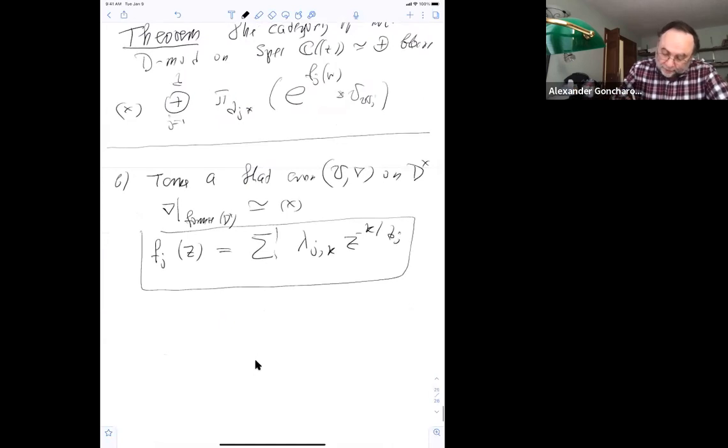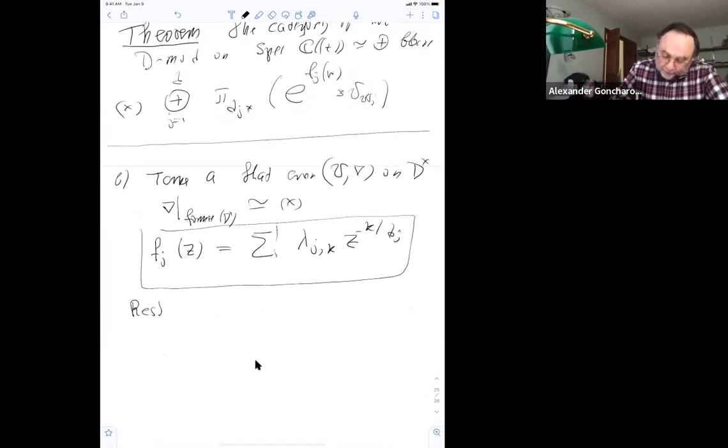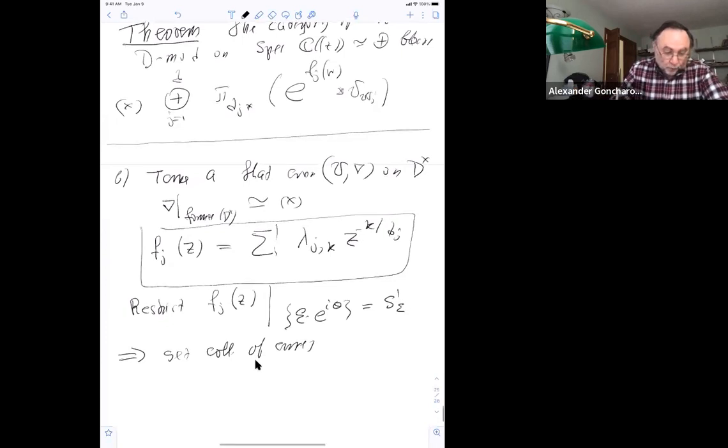Now, what we do, we restrict this formal power series as a function to a small circle of radius epsilon, where epsilon is a positive small but given number. So we call the circle S1 epsilon. And then we get a collection of curves. So who are those curves?